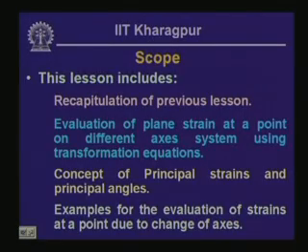Evaluation of plane strain at a point on different axis system using transformation equations, and thereby the concept of principal strains and principal angles will generate from these equations of transformation, and we will look into some examples for the evaluation of strains at a point due to the different orientation of axis system from the rectangular axis system.